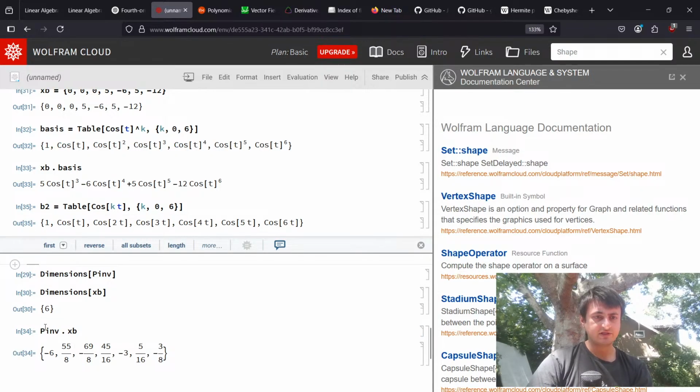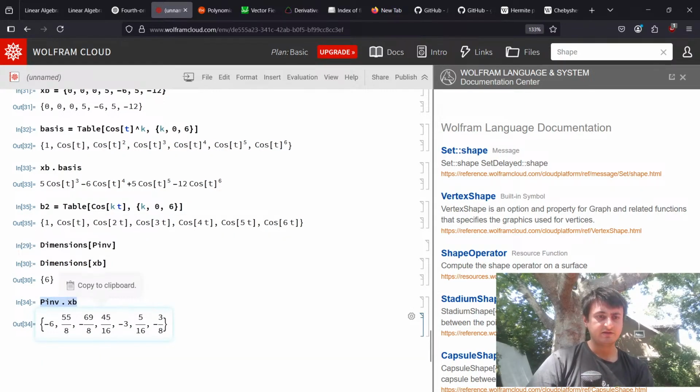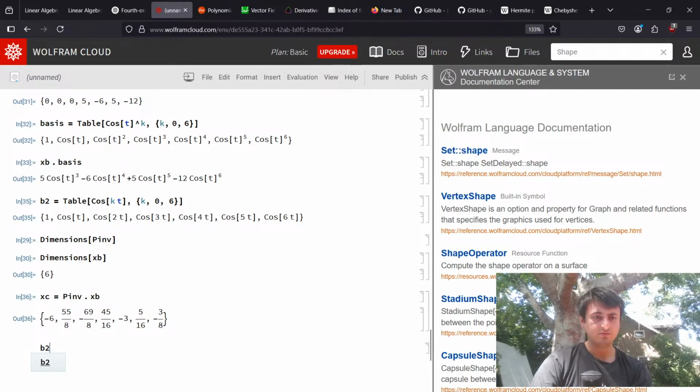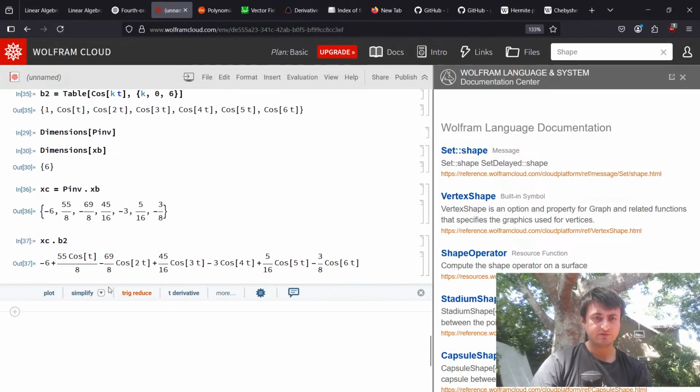So then if we just say that this is going to be the xc coordinate, then we're going to have xc dot b2. So presumably this is the integral that we need to take or something like that.